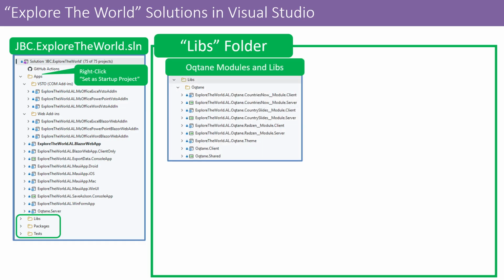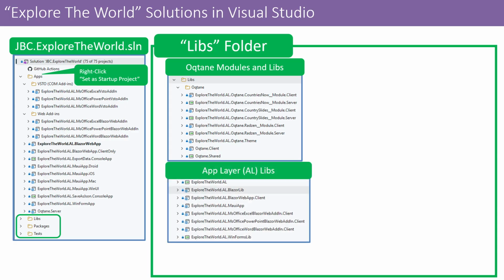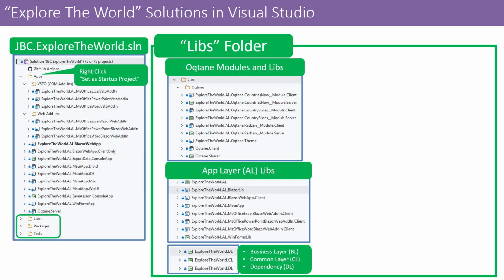There's the Octane modules, which are wrappers for different UIs within Blazor lib. And then you have the app layer, I call them the AL libs, really application specific, like front end specific libraries. And then we have the business layer library, common layer, and dependency layer.